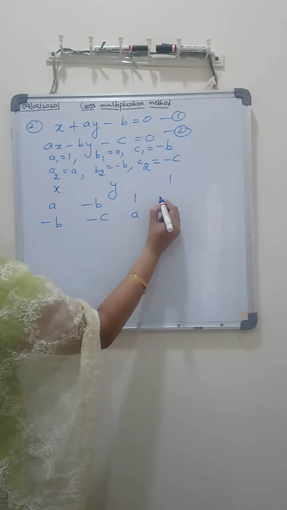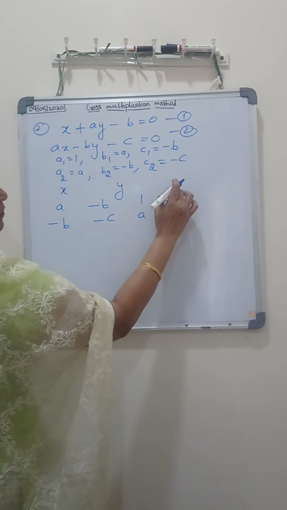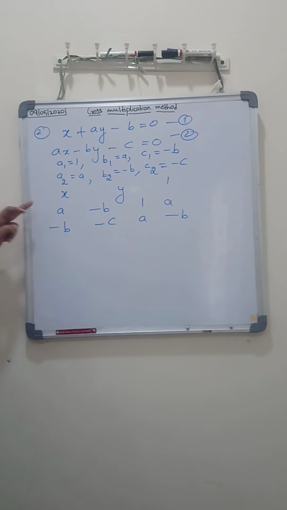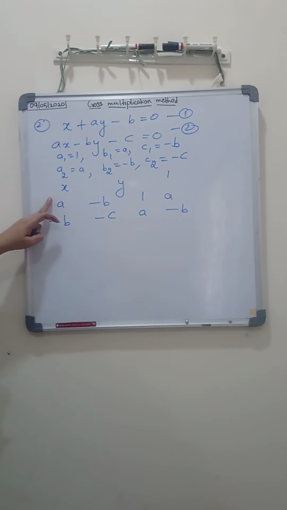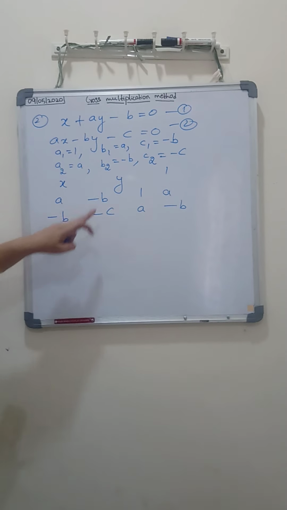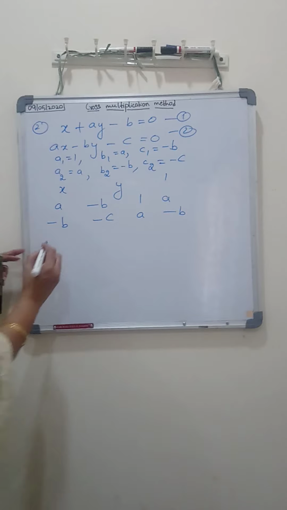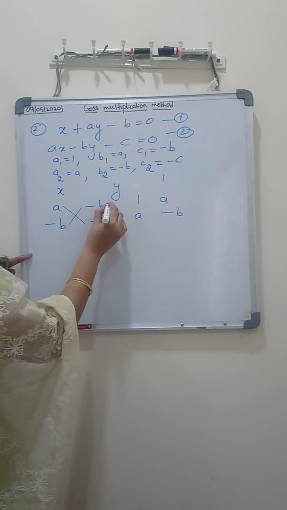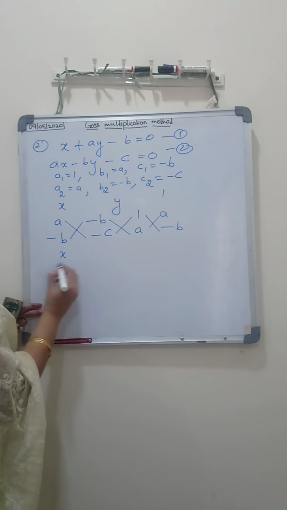Next b1, b2, a, minus b. Listen children, again b1, b2, c1, c2, a1, a2. Again b1, b2 we got. Yes, like this.